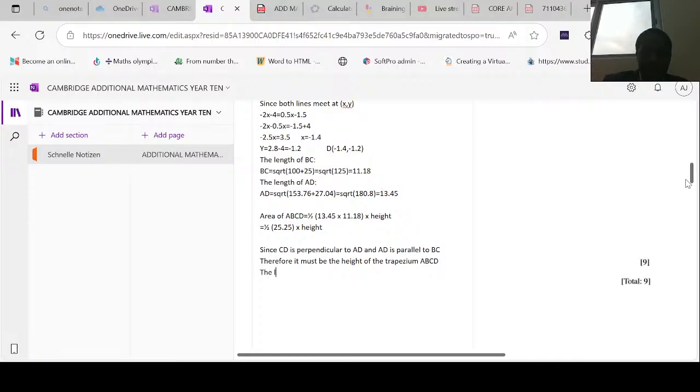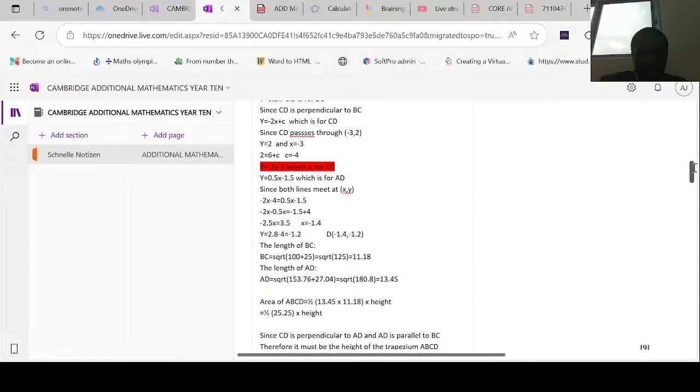So the length of CD equals, so take the square root, SQRT. You know what that means. So let's go up. So we know C is 3, 2.